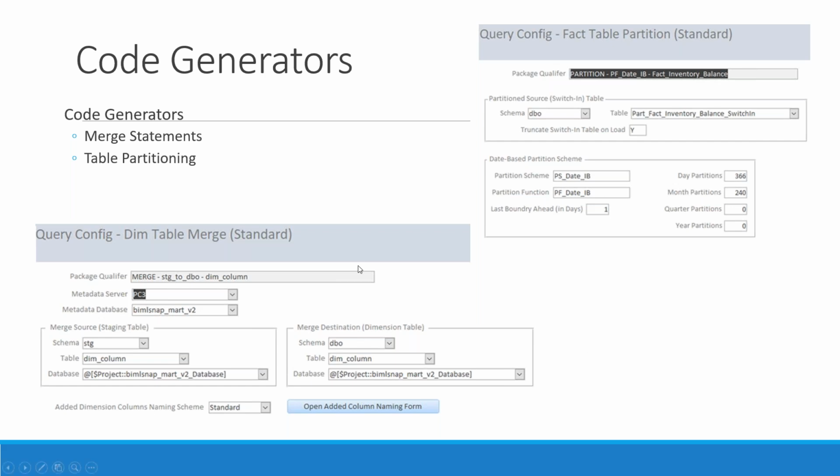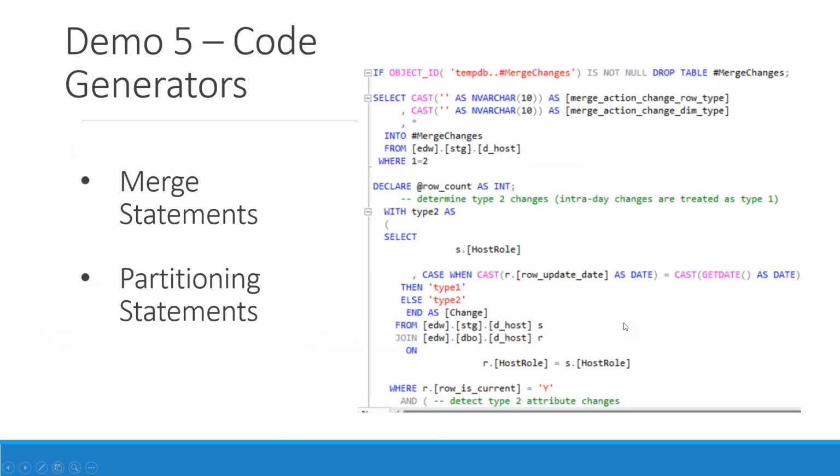So these are really the 2 hardest things to do in building a data warehouse, is the merge statement for your dimension tables and your partitioning statements for your large fact tables. So those are code generators that come out of the box.